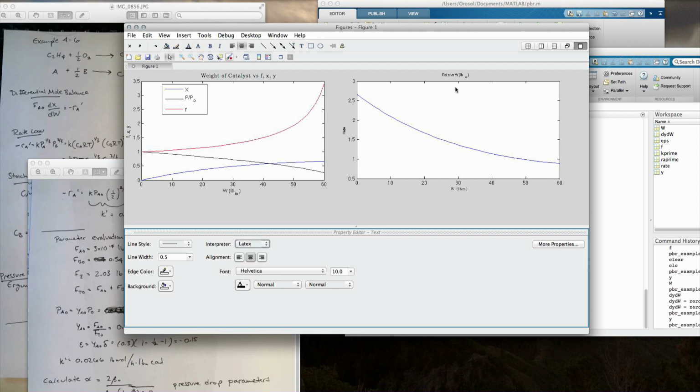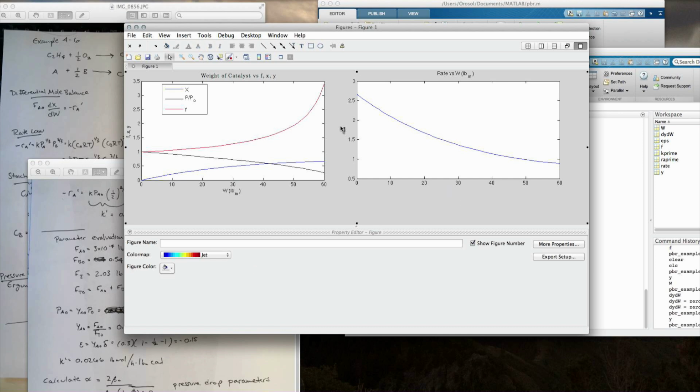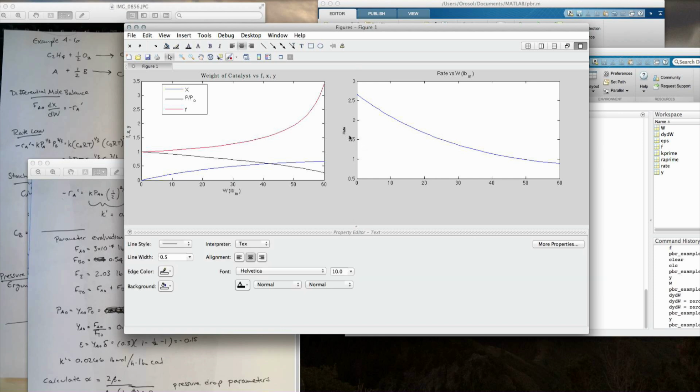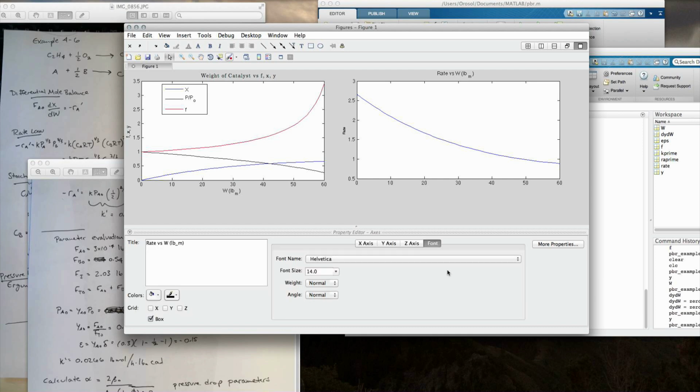So if I want to change this, I clicked on it and then changed that to 14. Change this one to 14. And then I also want to change that. What happened to it? I just deleted it.